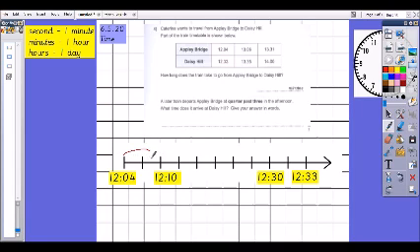So from 4 minutes past to 10 minutes past, I know there is a 6-minute jump. Then I've gone from 12:10 to 12:30. So I know between these two times there is a 20-minute gap because we've gone 12:10, 12:20, 12:30, that's 20 minutes.